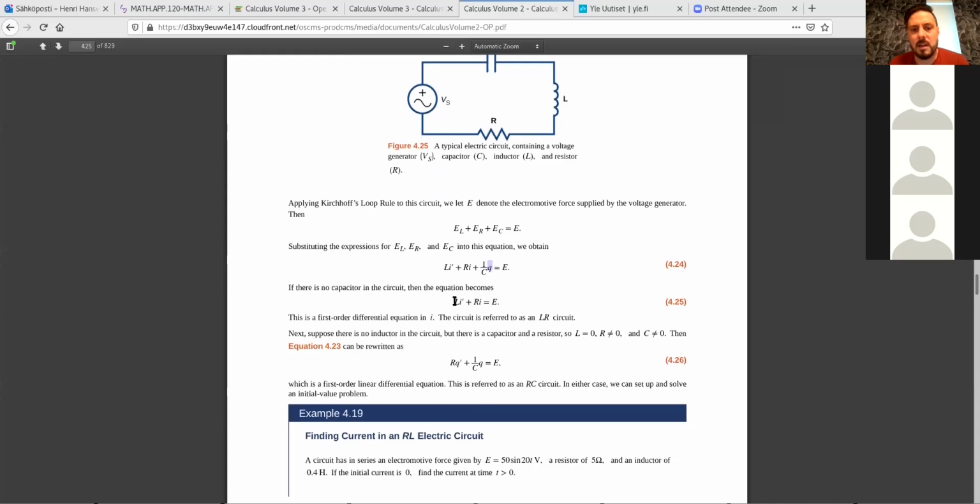Then the current through the inductor causes a voltage drop of Li', meaning the derivative of the current, and the resistor causes a voltage drop of Ri. And that is equal to the output voltage. If there is no capacitance, this is an equation that describes the voltage through these elements. So it's now a first order linear differential equation.